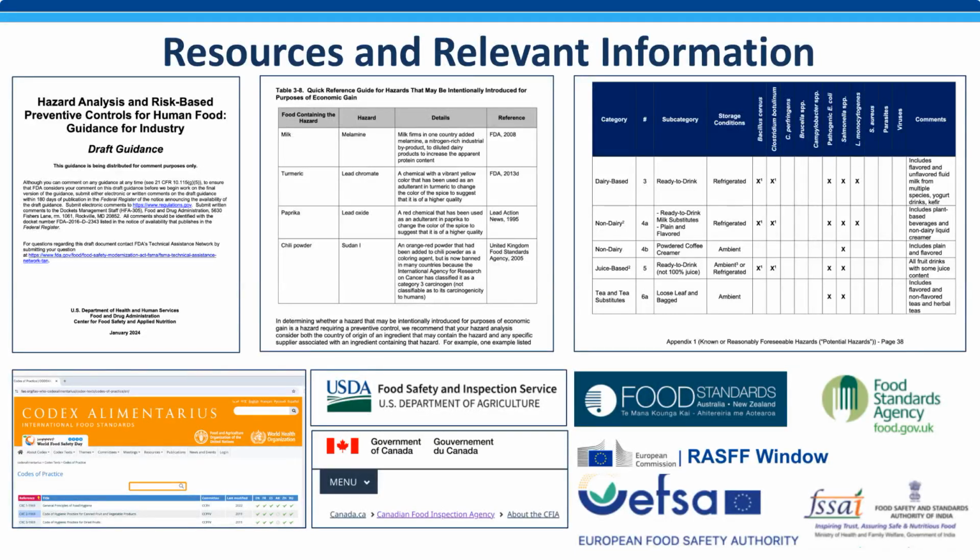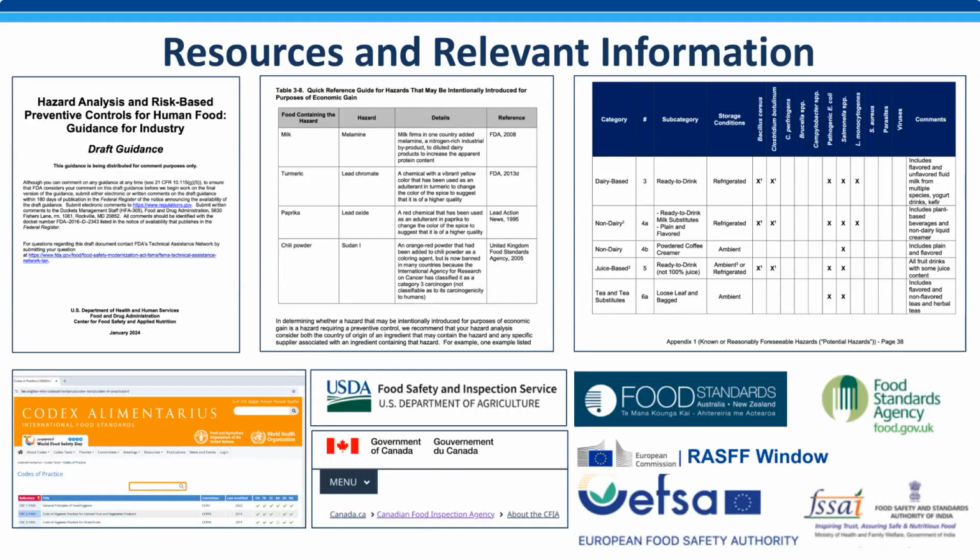So stuff like latest scientific literature, information on historical and known hazards associated with your products, relevant codes of practice, food safety legislation, relevant production and sale of products, customer requirements.